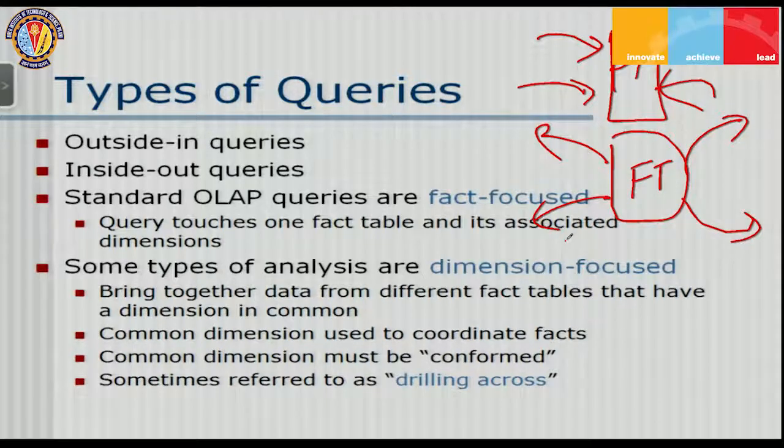What it means is that they bring together data from different fact tables that have dimensions in common. Common dimensions are used to coordinate facts, and common dimensions must be conformed. This kind of analysis is called drilling across. That's the most common name we give to this kind of analysis, and that is drill across. So that is one of the topics listed for today.